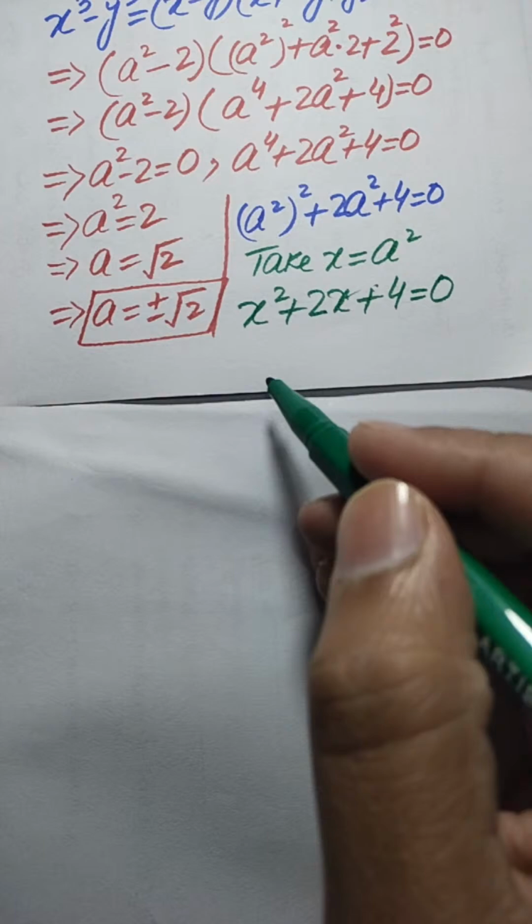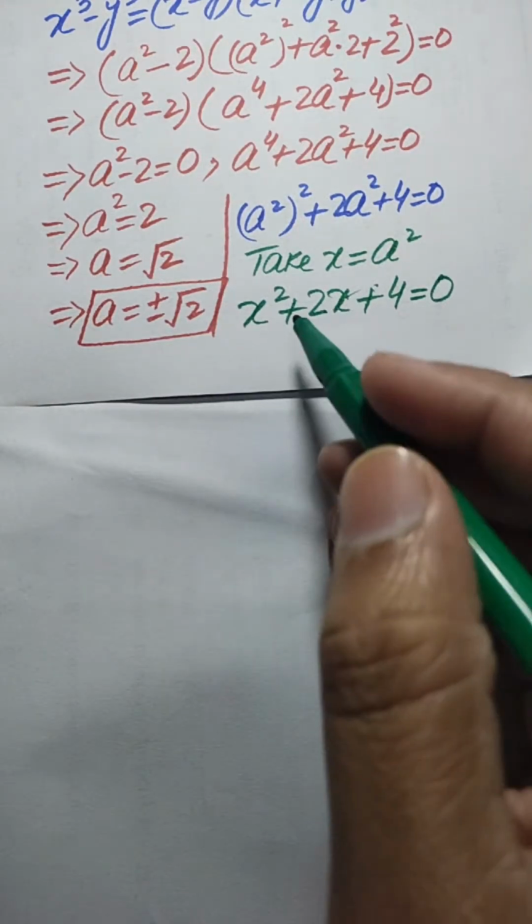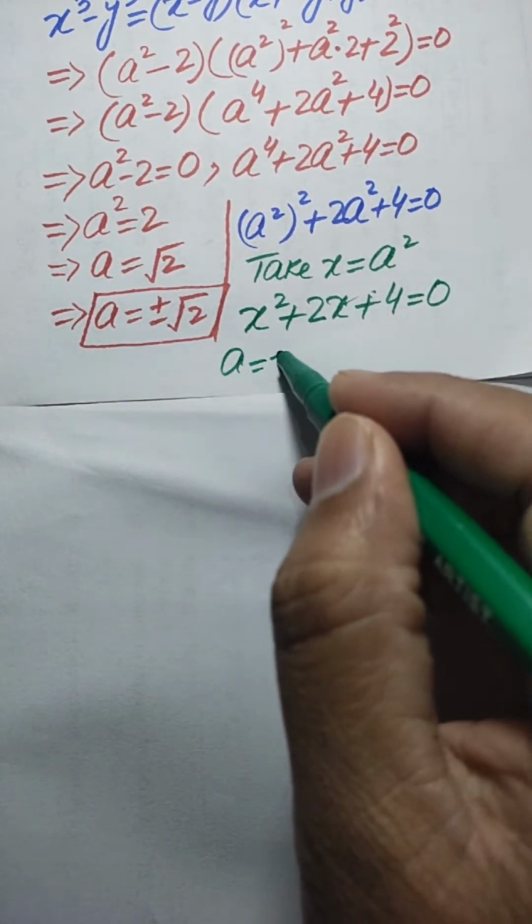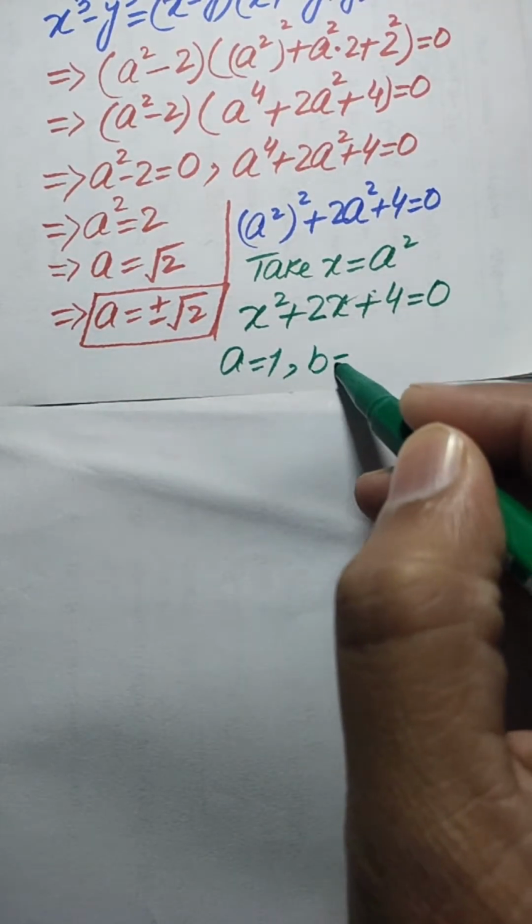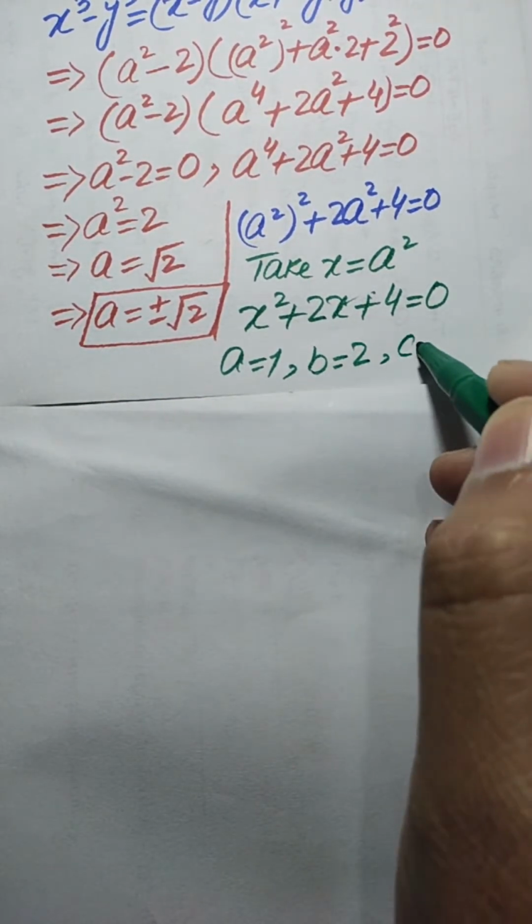For this we need to write the coefficients of this equation: a is equal to 1, b is equal to 2, and c is equal to 4.